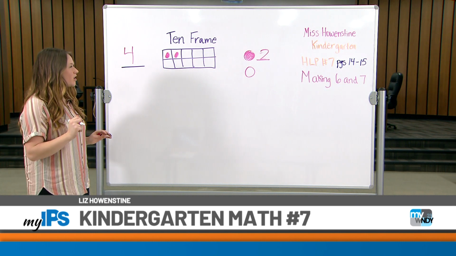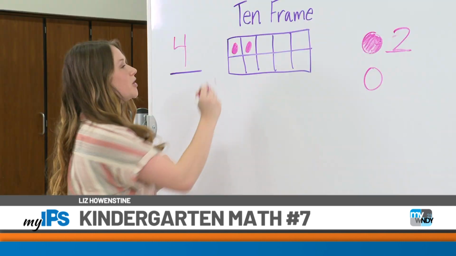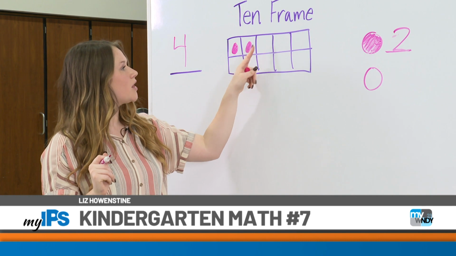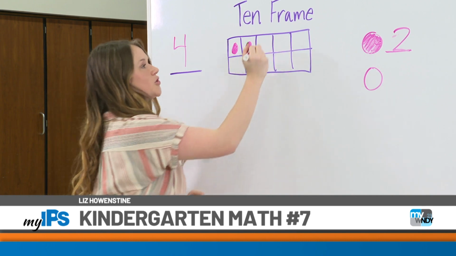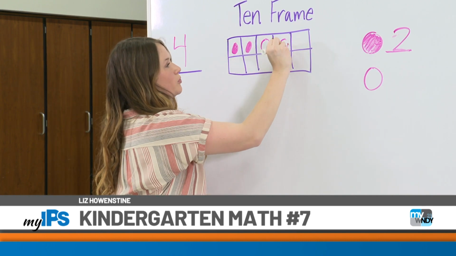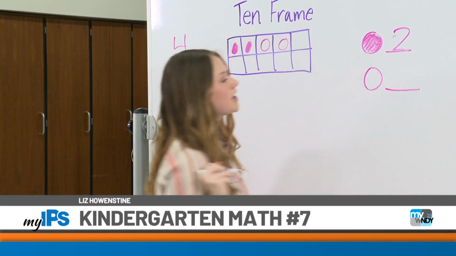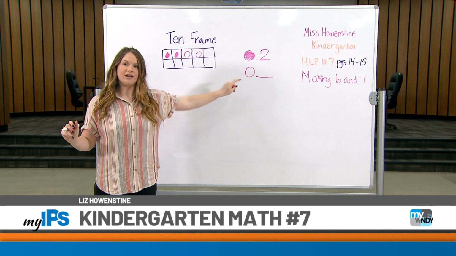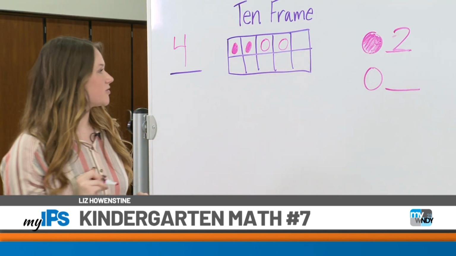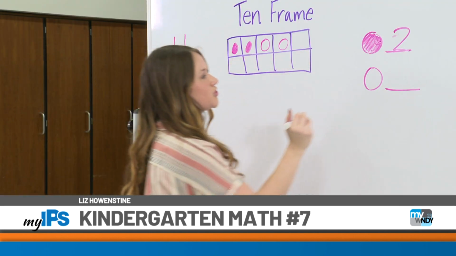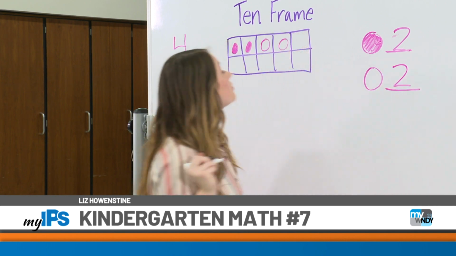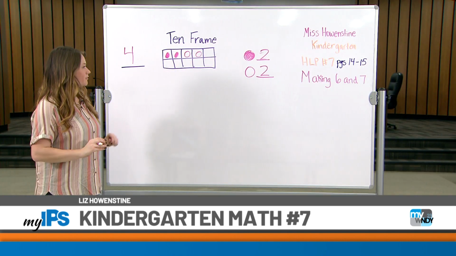So how many more do we need? And our 10 frame will help us. We already have 2, 1, 2, 3, 4. So we're going to add 2 open circles, and then you are going to put in how many you added, okay? So how many open circles did you draw to get to 4? Well, we drew 2. So that is how you can make the number 4.